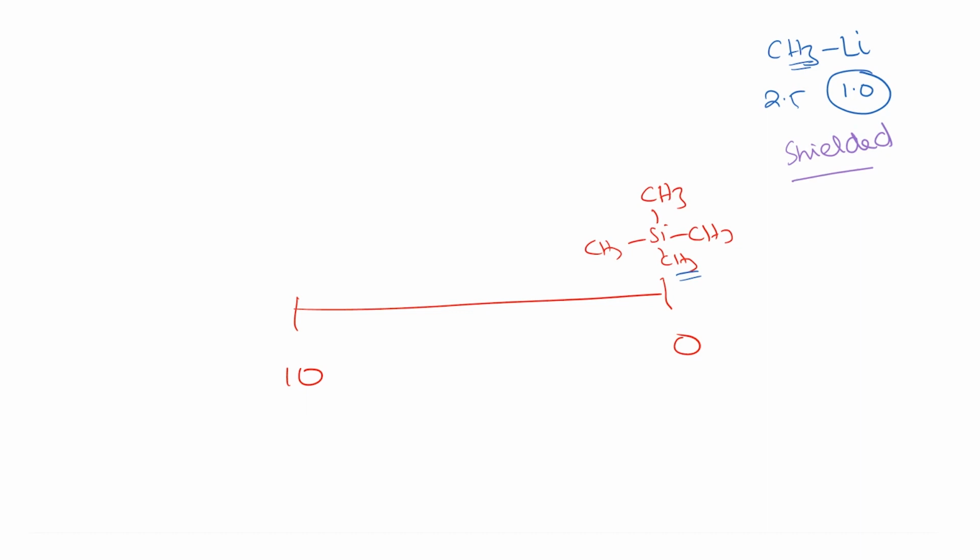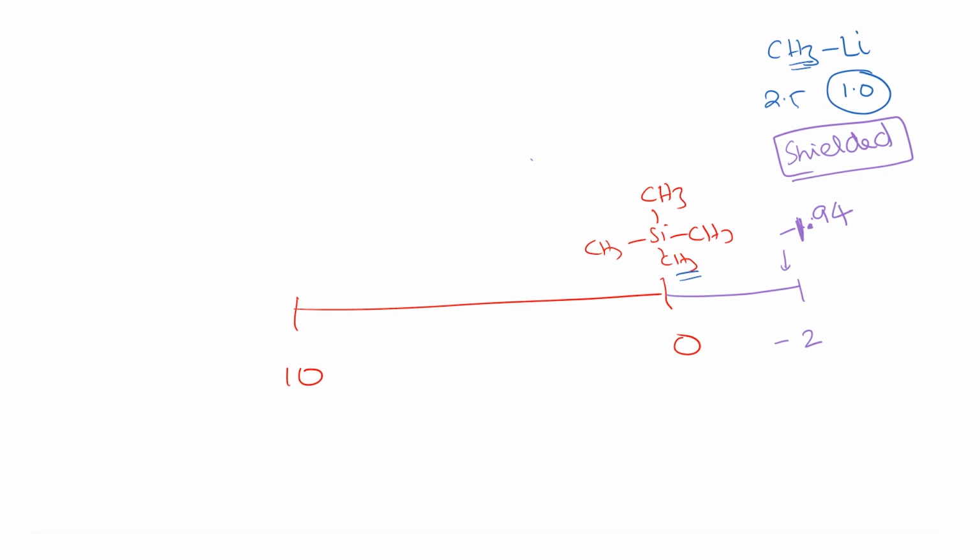It is going to be more shielded. So, if you record the NMR spectrum of methyl lithium, it shows up somewhere around minus 1.94. So, the methyl lithium, as we would have expected, shows up in a more shielded region when compared to tetramethyl silane.